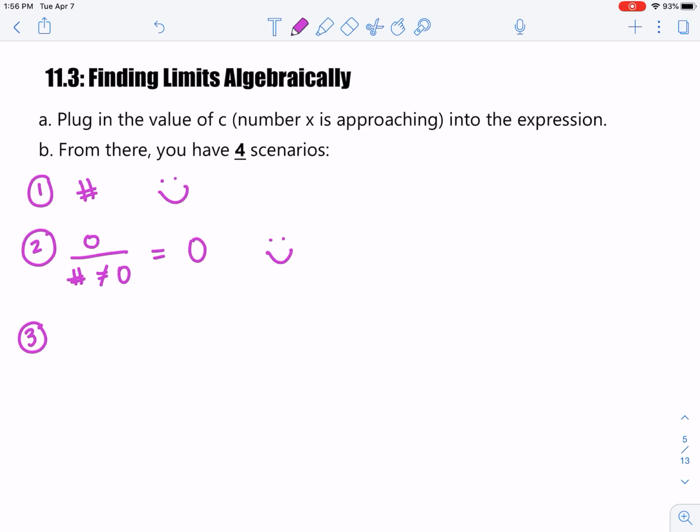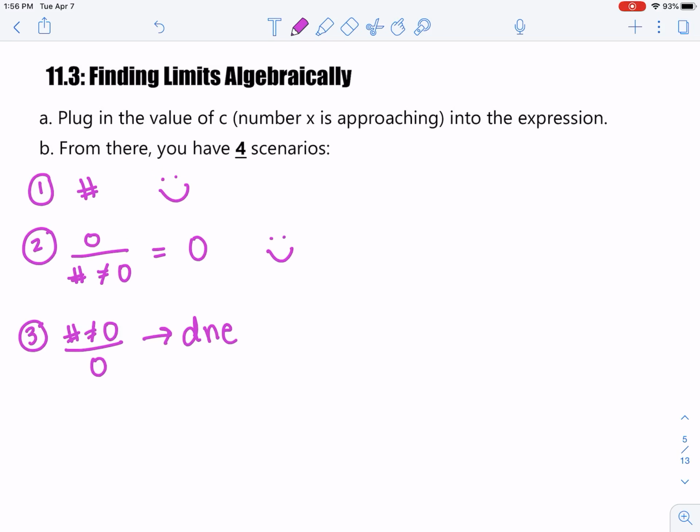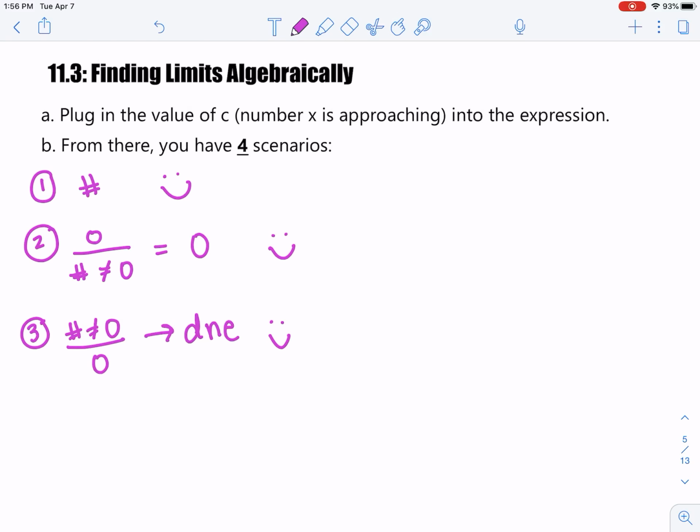Okay, third scenario is going to be the reciprocal of that. Let's say you get some number that's not 0 over 0. Well, in this case, if I have 5 over 0, that's undefined, right? So my limit is DNE. I'm just going to write DNE. Yay, I'm done, okay?